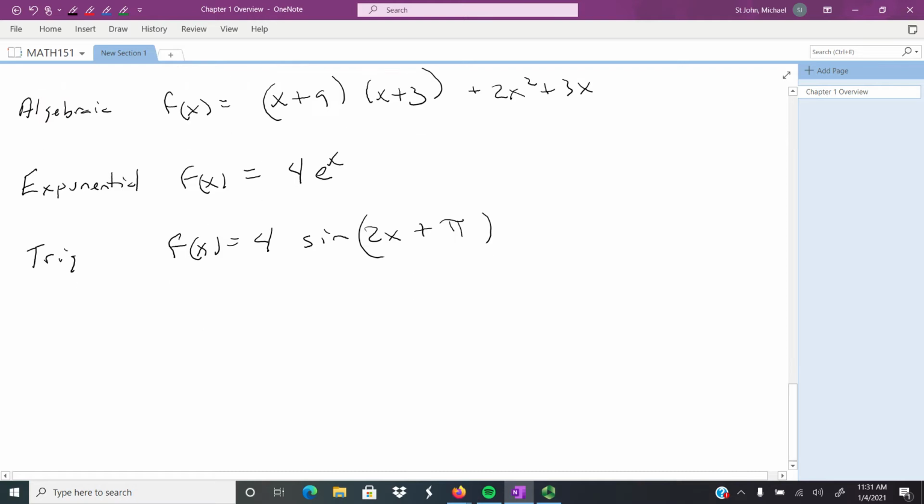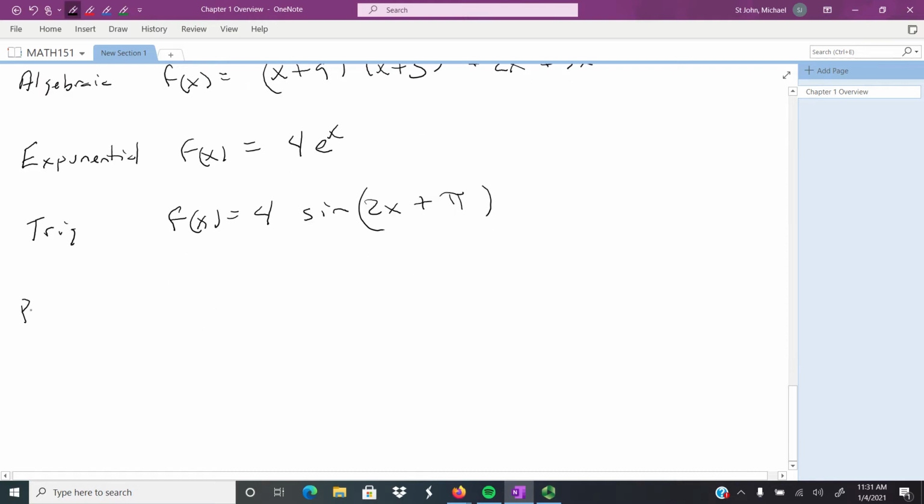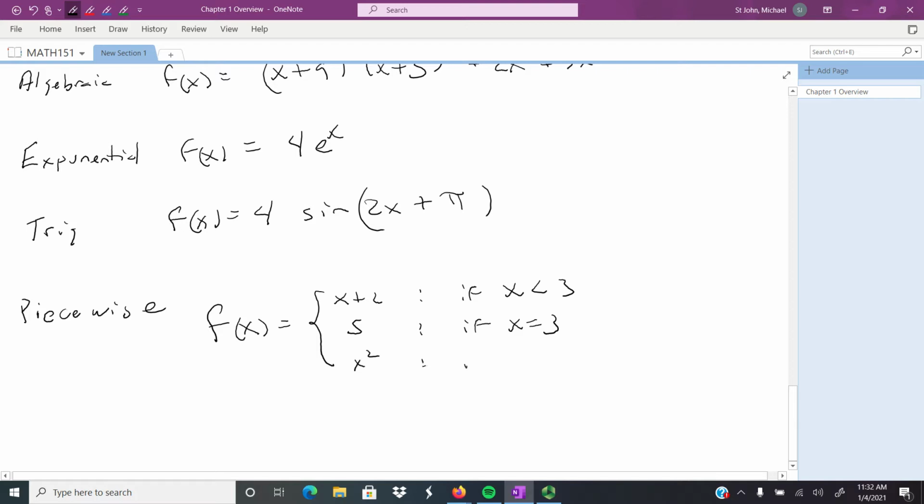Right? Other types then, there's a thing called a piecewise function. So for example, that would be like if I had this f of x equals x plus 2 if x is less than 3, 5 if x equals 3, and x squared if x is greater than 3.